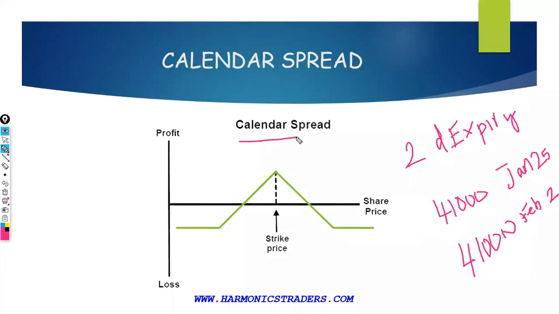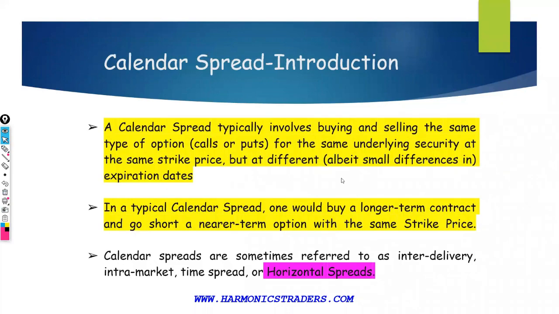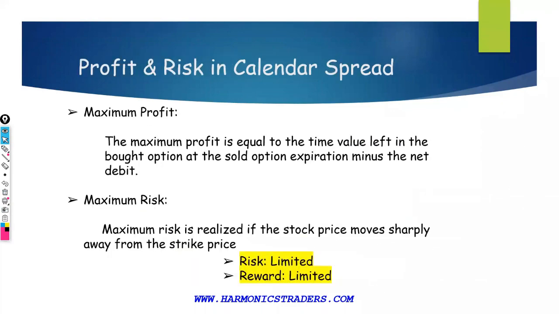So this is calendar. When this strike changes, let us say like 41,200, that becomes a diagonal spread. That's it. A diagonal spread is nothing but a modified form of calendar spread. These are called the horizontal spreads.